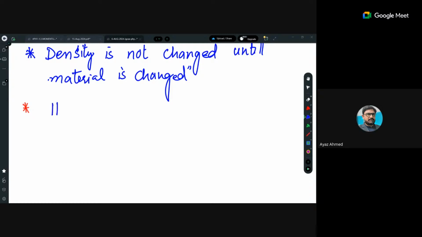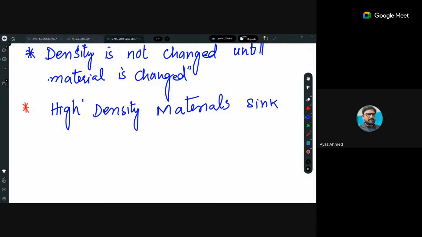High density materials always sink when they are placed in a liquid, and low density materials float.